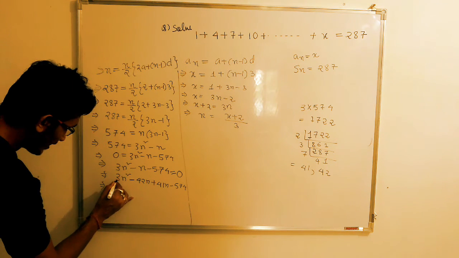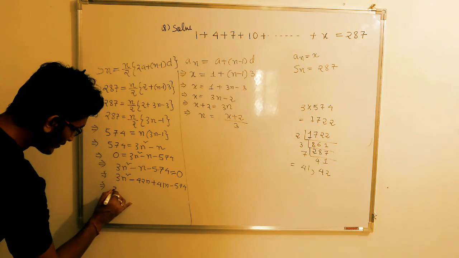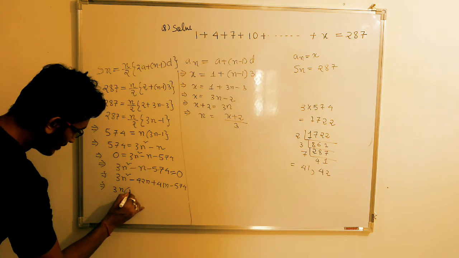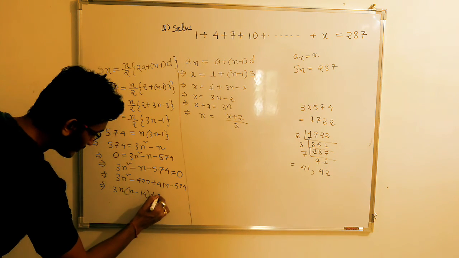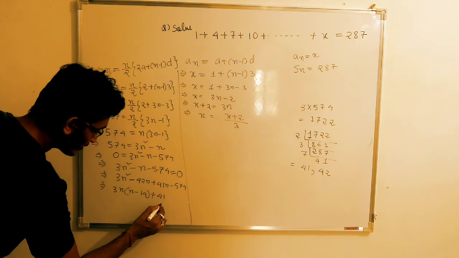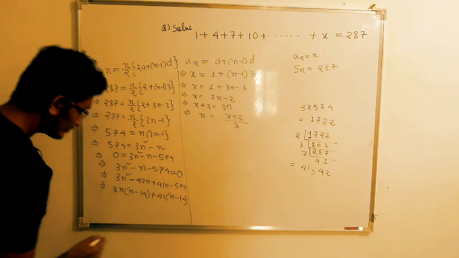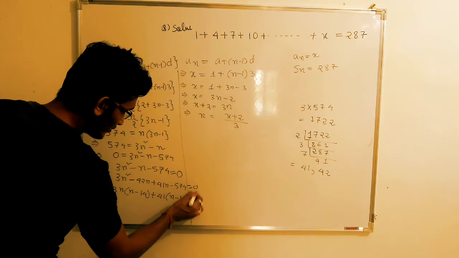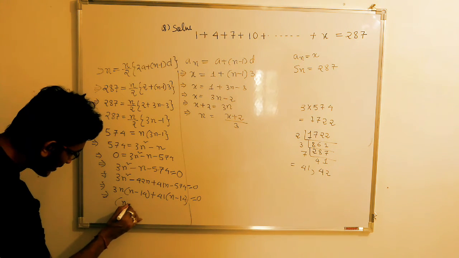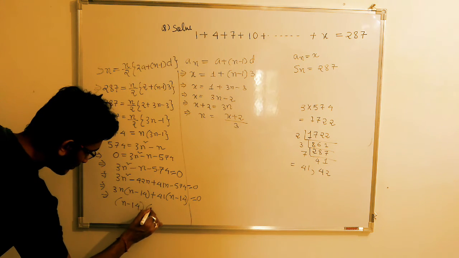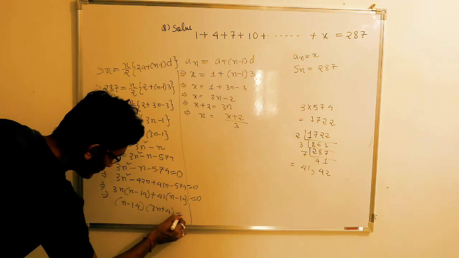So taking 3n square and 42n, you can take common 3n, thrice n, it becomes n minus 14 plus 41, we can take common n minus 14, equal to 0 in the right hand side, and it becomes n minus 14 bracket 3n plus 41 equals 0.